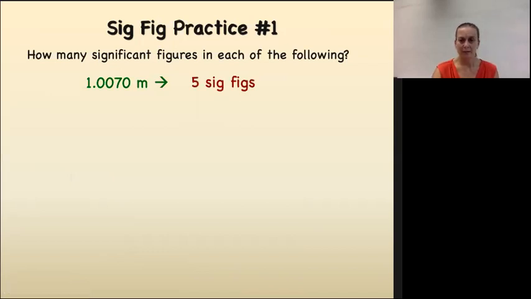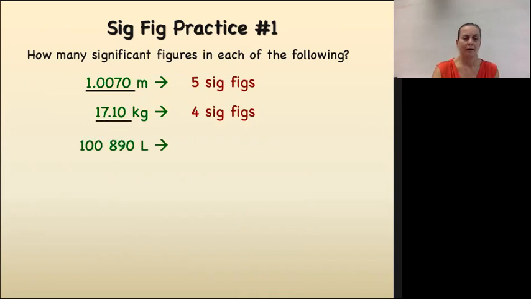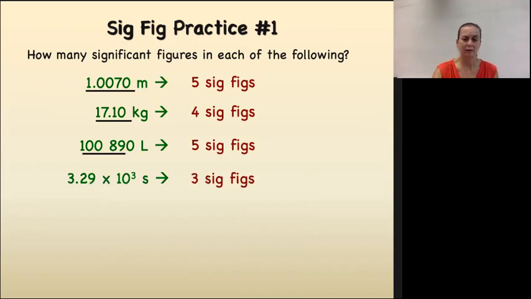So for the rest of these, I want you guys to pause and then check your work. So we have 17.10 kilograms, 4 sig figs. 100,890 liters has 5 sig figs. 3.29 times 10 to the 3rd seconds has 3 sig figs.